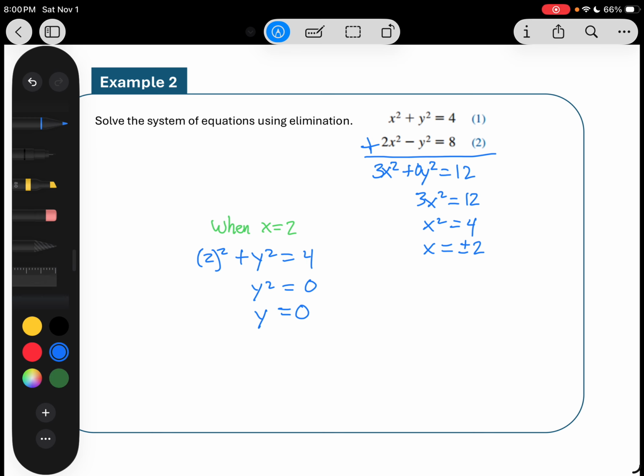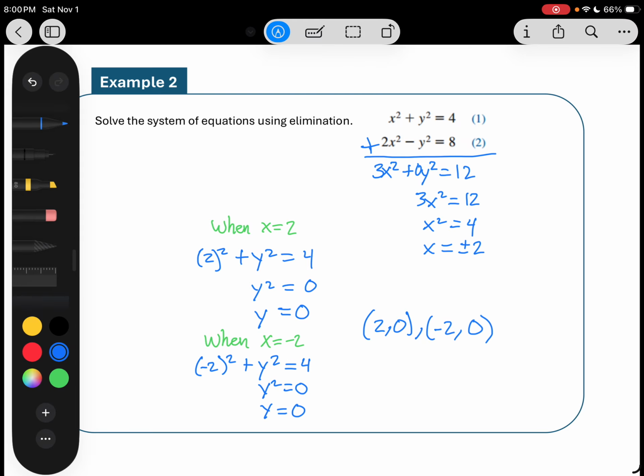And let's go ahead and try negative 2. The math is actually going to be the same because 2 squared is the same as negative 2 squared. So we also get 0. So we've got 2 for x, 0 for y, negative 2 for x, 0 for y. Go ahead and pause the video and try practice B.